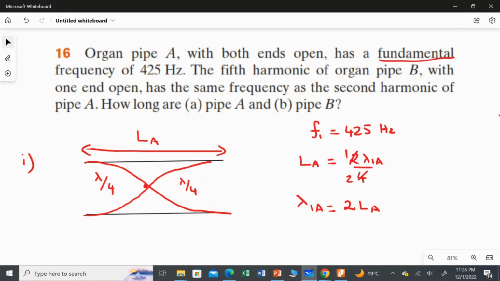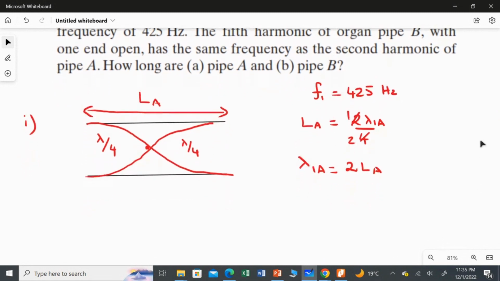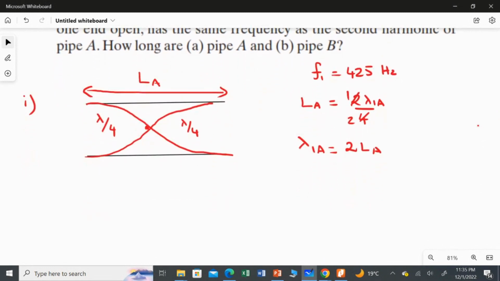Clear? Okay, now I am going to find the speed. As we know the rule for the speed, v is equal to the frequency, that means the fundamental frequency in organ pipe A, multiplied by the lambda in organ pipe A, right? For n equal to 1, its frequency, and for n equal to 1, what should be the lambda? Lambda 1A, right? Using this, I am going to rearrange this equation in terms of frequency.